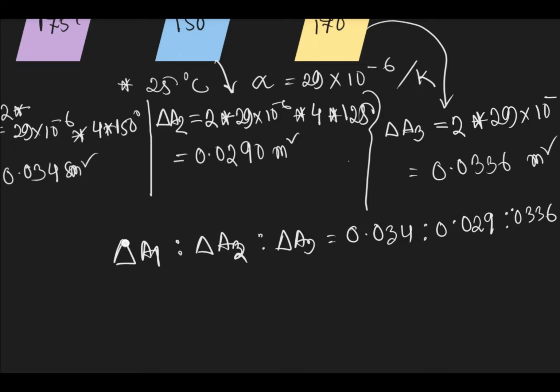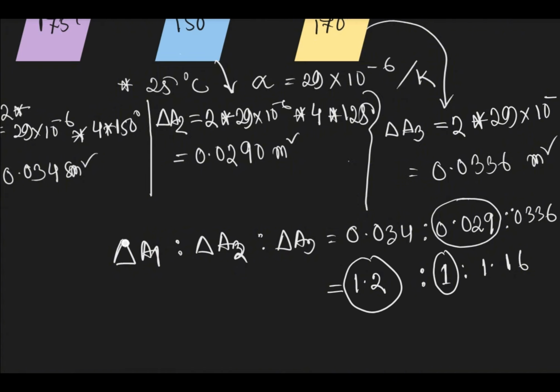By the way, here will be a point. Anyways, now if we divide by 0.029, we have here 1, of course, and here we have got 1.2, and here 1.16. So the ratio will be this.